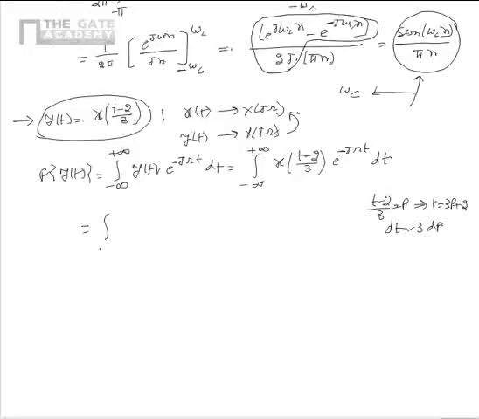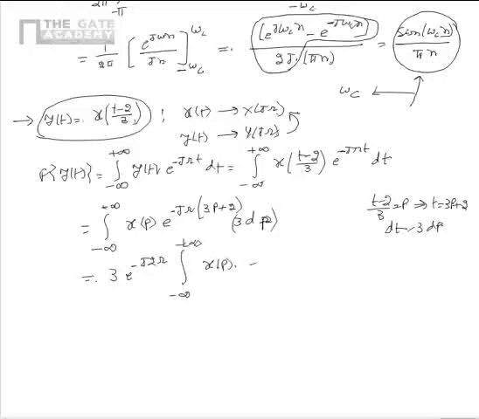From this we can write the Fourier transform of y of t as integral minus infinity to plus infinity x of t multiplied by e power minus j omega multiplied by 3p plus 2, 3 dp. This can be simplified as 3 times e power minus j2 omega multiplied by integral minus infinity to plus infinity x of p multiplied by e power minus jp multiplied by 3 omega dp.